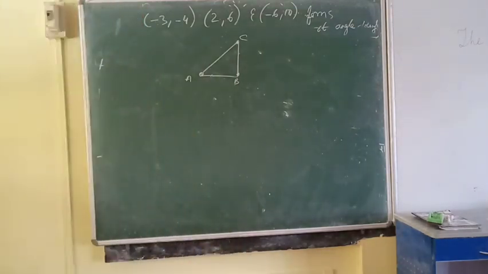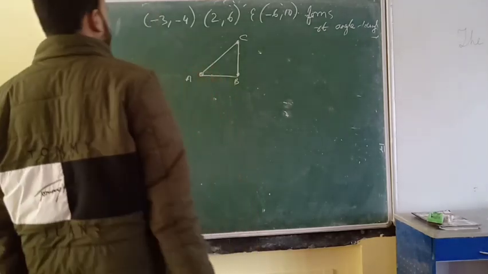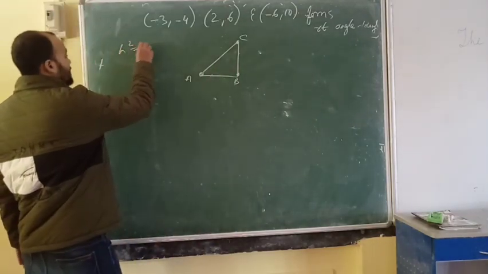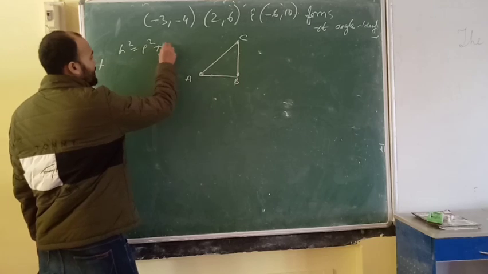Now see, for a right angle triangle, what is the easiest possible thing? That if the square of the hypotenuse is equal to the sum of the squares of the perpendicular and the base, then it is a right angle triangle. That is, a square equals b square plus c square. Simple. You simply keep this in mind.